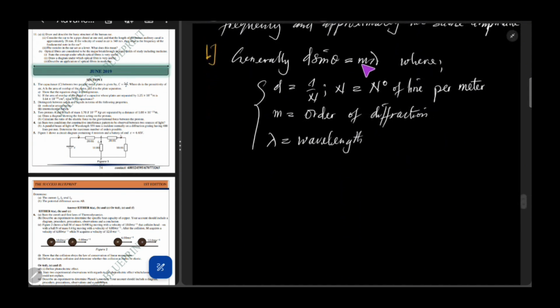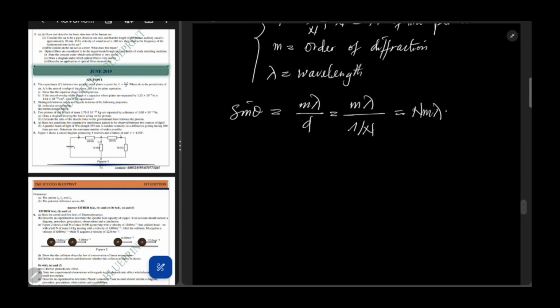Now, if I make sine theta the subject of the formula, I will have sine theta equals m lambda divided by d. If I incorporate the value of d being equals to 1 over n in this formula, I'll have m lambda divided by 1 over n, which finally boils down to n m lambda.